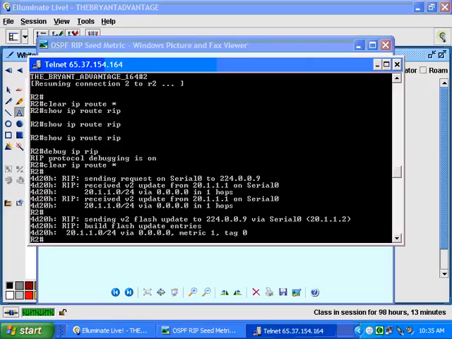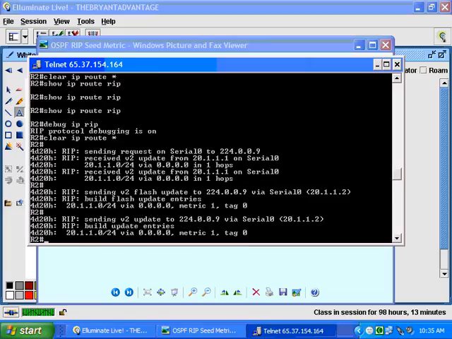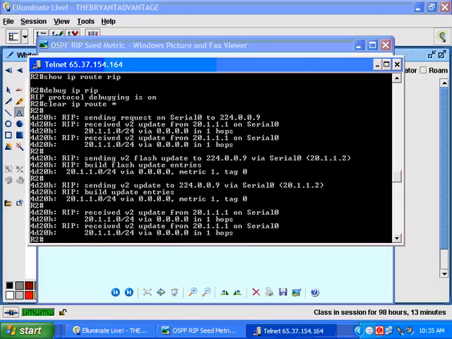And we see some requests. Of course, the request is going out to 224.0.0.9. And we got a version 2 update, but all I'm seeing here is the connected route to begin with, 2.110/24. So I don't see anything in here about getting a packet from router 1 that contains that OSPF route.